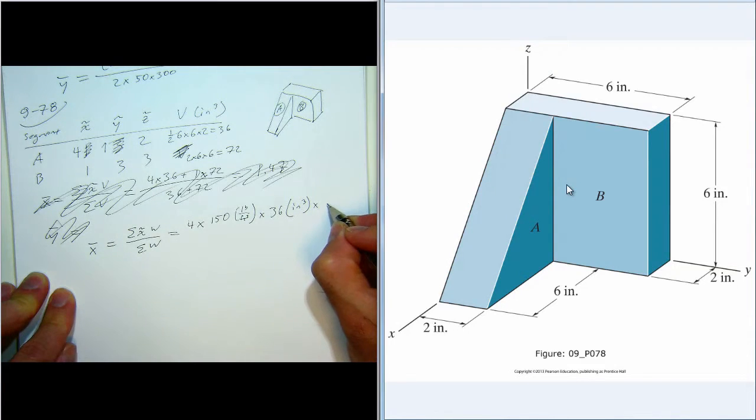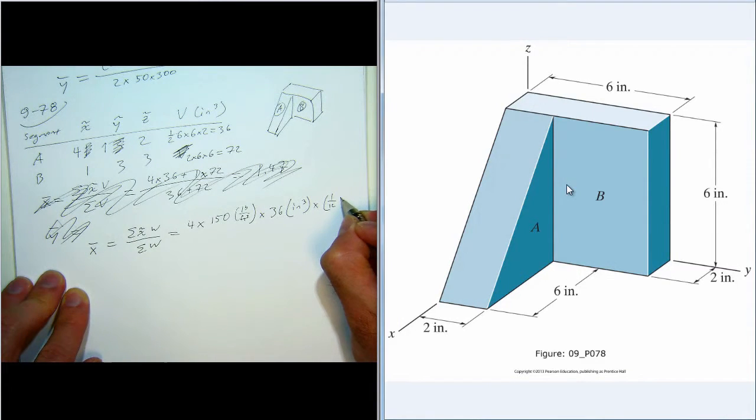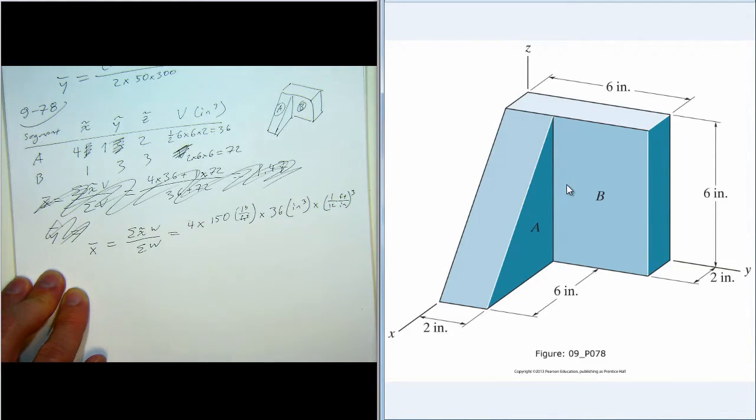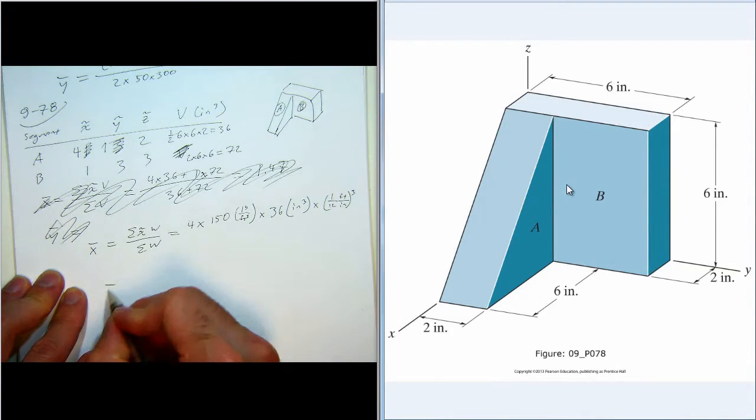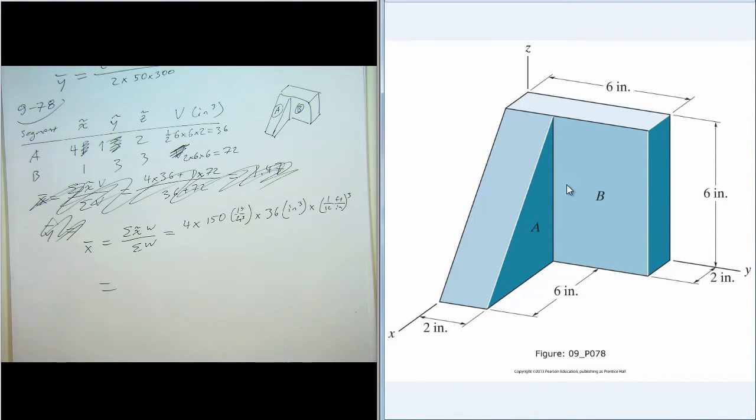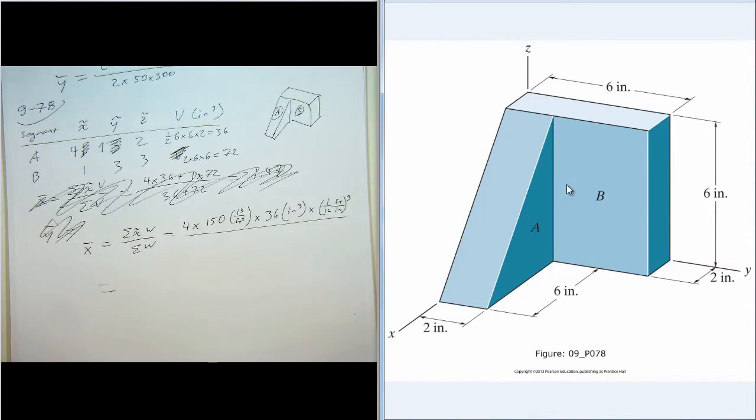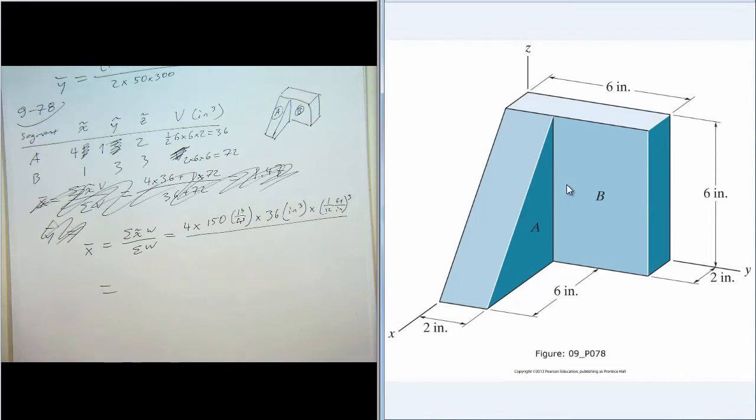Then we need to multiply that by 1/12 feet per inch, cubed, to convert the units. And then the sum of the weights is just going to be, well, okay, so this was the weight for part A.